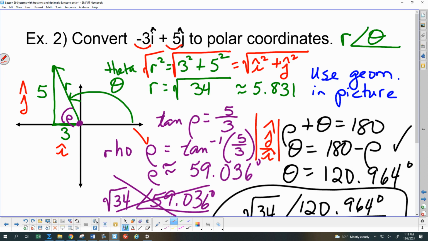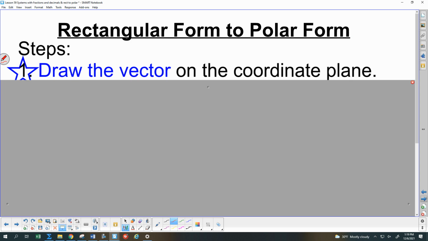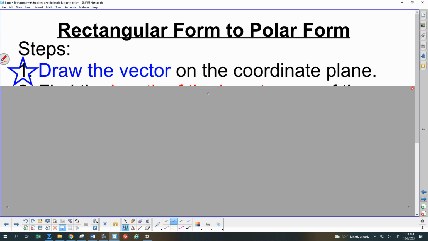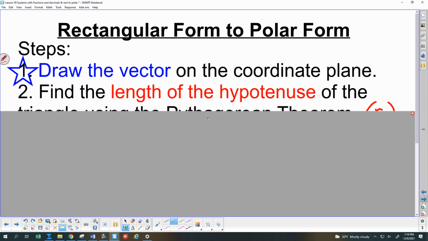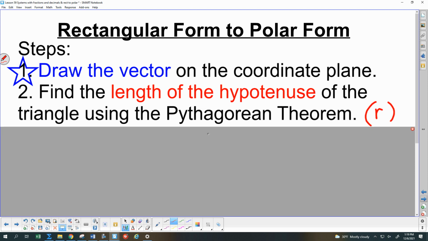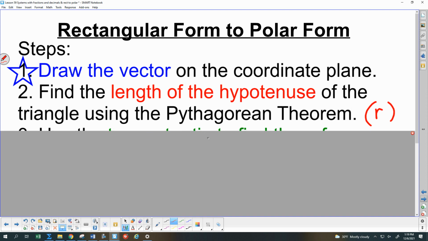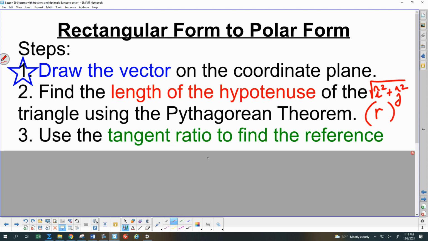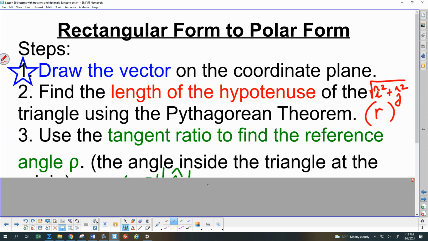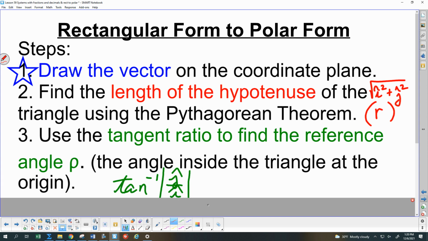So, a summary in words and then in the formula list. Draw the vector just like you've been doing, going the other way with your conversions. This time, you don't know the hypotenuse, so you need to find that using the Pythagorean theorem. You need to use the tangent ratio to find the reference angle, and rho is always the one that is in between 0 and 90.